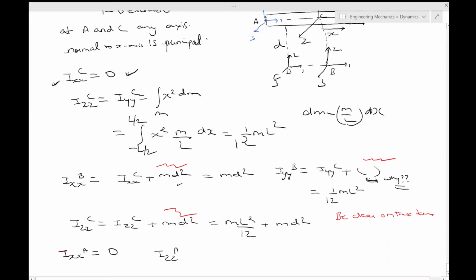Izz of A is equal to Iyy of A is equal to Iyy of C plus M times L by 2 whole square. This is equal to 1 by 3 ML square. Okay.